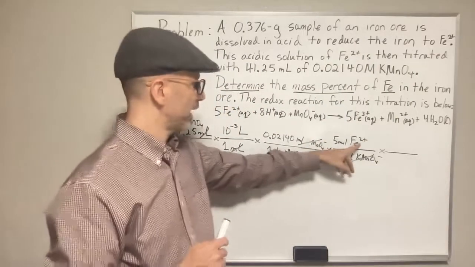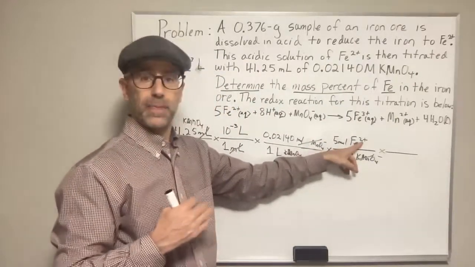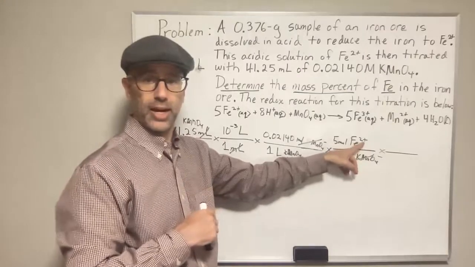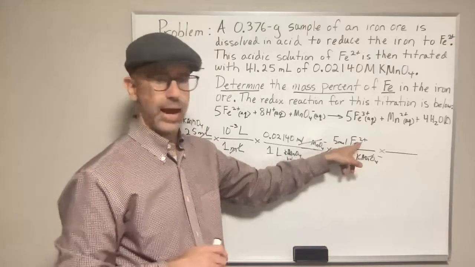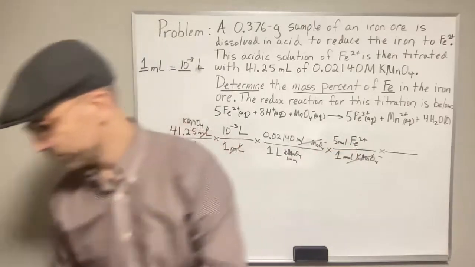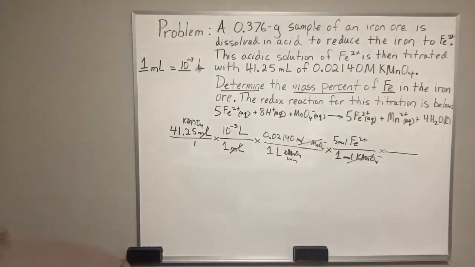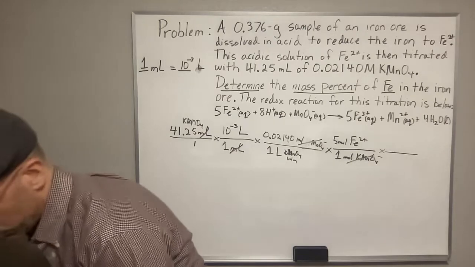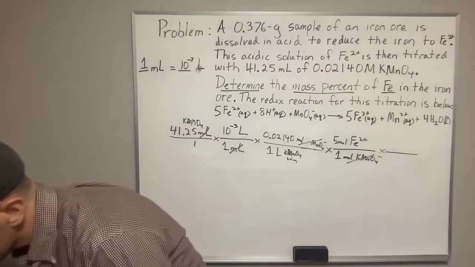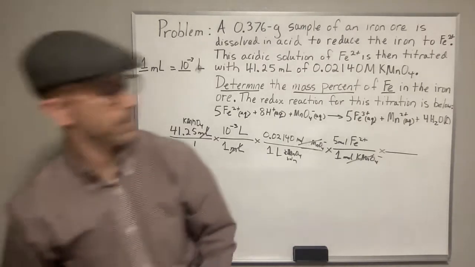The fact that this is an ion, that it has a 2 plus charge, doesn't affect the molar mass. So let's look up the molar mass really quick. And the molar mass of iron is 55.85.